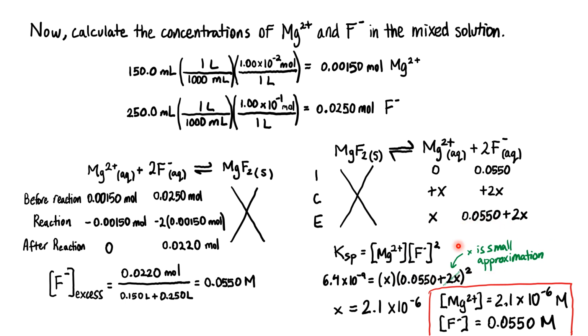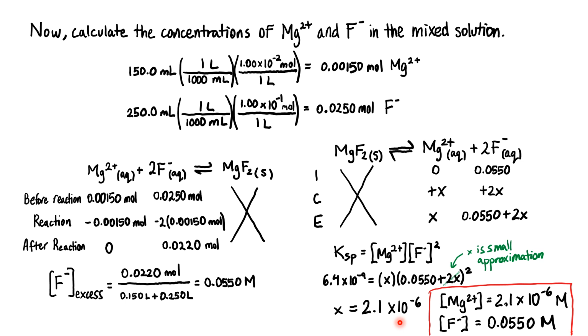We can make the X a small approximation, so we don't have to do the quadratic or anything like that. We're allowed to make this approximation because this is a really small KSP, and you can check with the 5% rule once you get X. Here's X. If you divide that number by what you added and multiply by 100, you're definitely going to be below 5%. So we're fine to make that approximation.